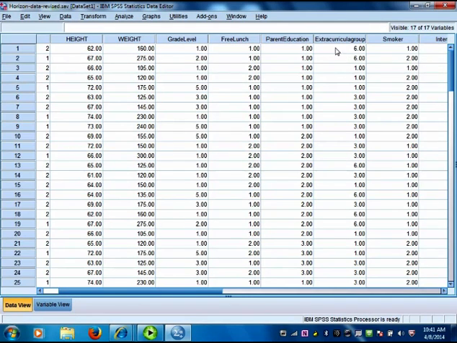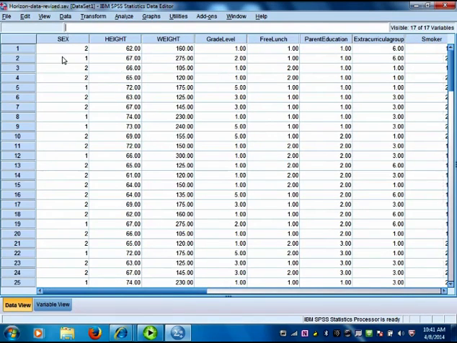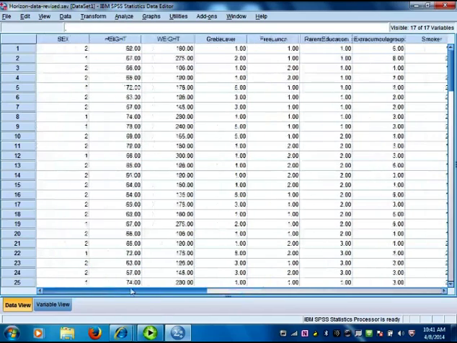So in this case, I'm using two categorical variables, nominal variables, gender and extracurricular activities. We cannot say sports is more than academic, and we cannot say that female is more than male, like the number indicated here. So in this situation, we use chi-square.